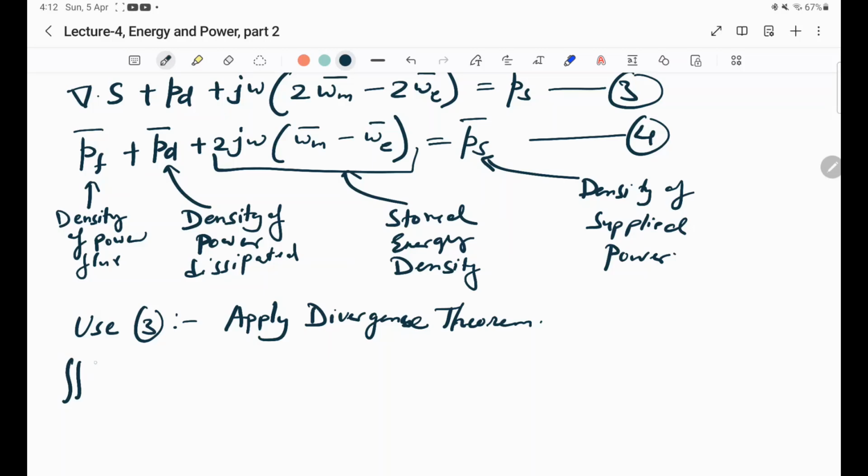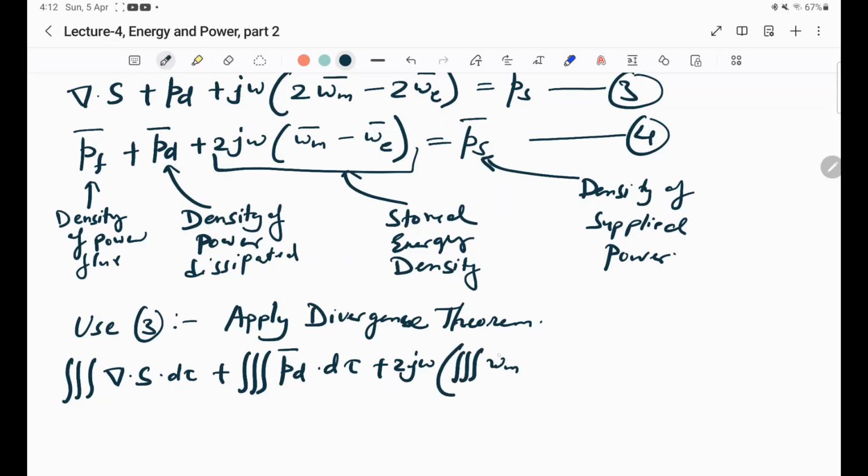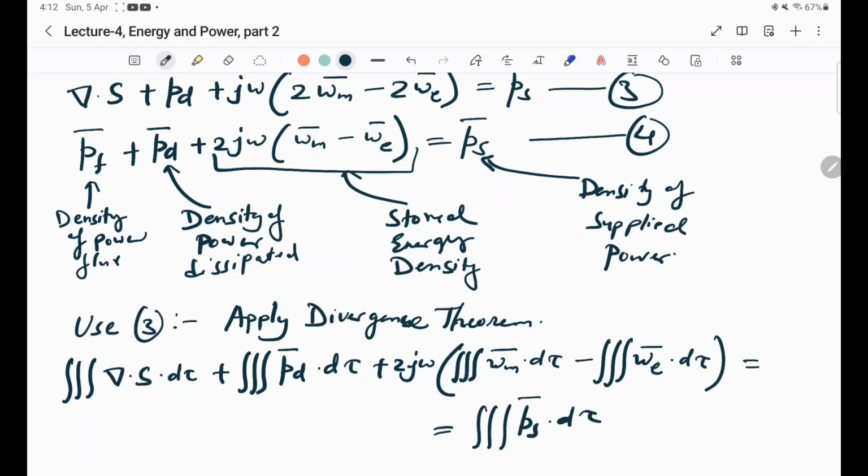So triple volume integration of del dot S d tau plus triple volume integration of Pd bar d tau plus 2j omega triple volume integration of Wm bar d tau minus triple volume integration of We bar d tau is equals to triple volume integration of Ps bar d tau.